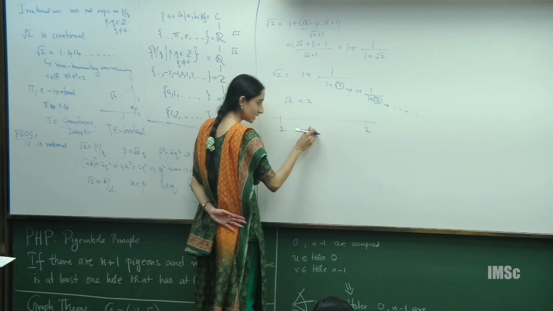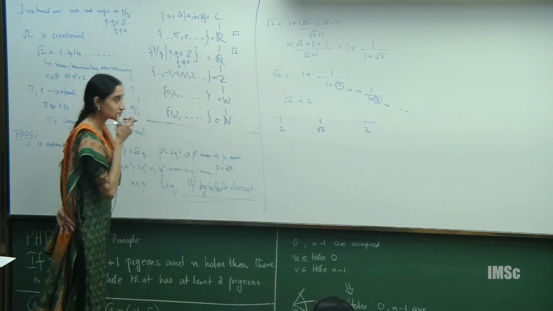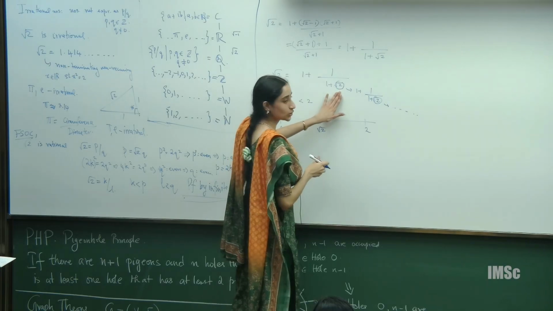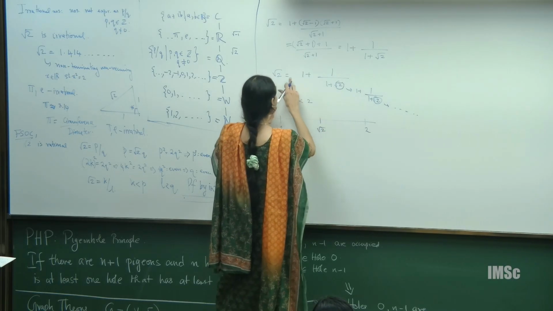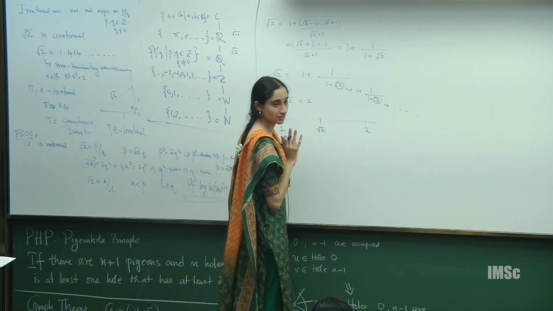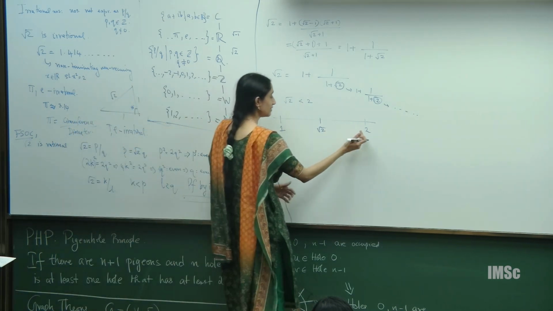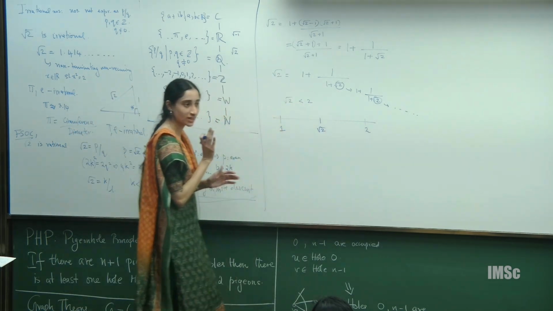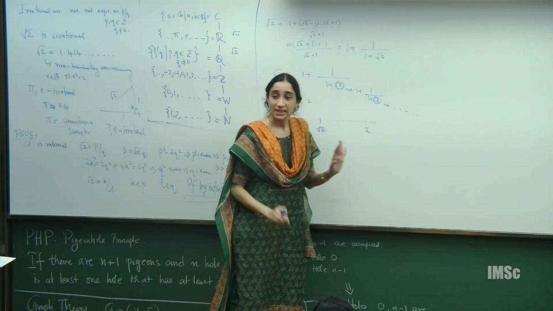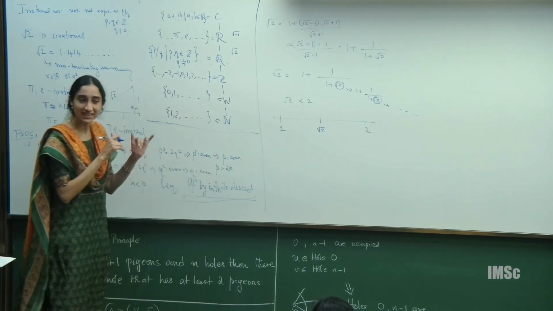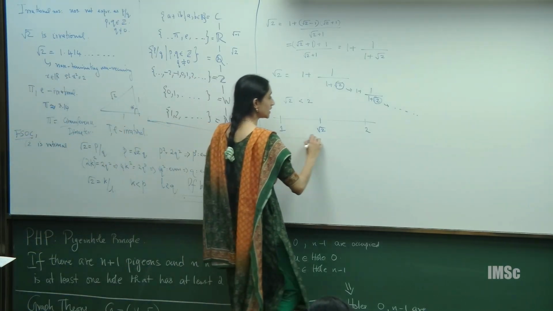Depending on where I stop, I will get closer and closer to the actual value of root 2. So you will get fractions that are closer and closer to the actual value. Well, you can never get to the original value of root 2 because this is infinite, right? If the number is actually rational, then there is a finite sequence of continued fractions. So this is one way to get to the actual root.